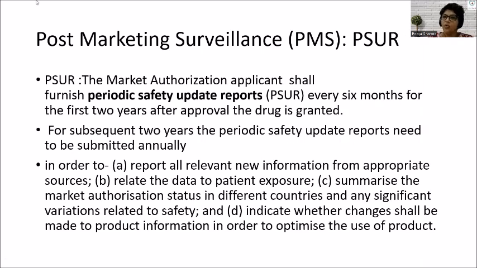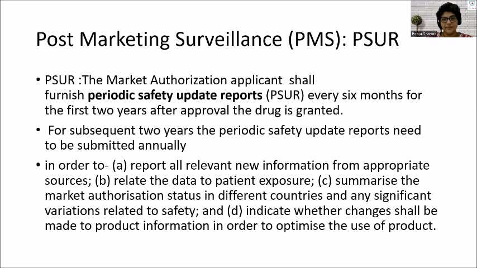There is also something called PSURs, which are useful for post-marketing surveillance. The PSURs are provided by a market authorization applicant. That means a company who has received permission to market this drug. That company shall furnish a periodic safety update report, that is called PSUR, every 6 months for the first 2 years after the approval of the drug.